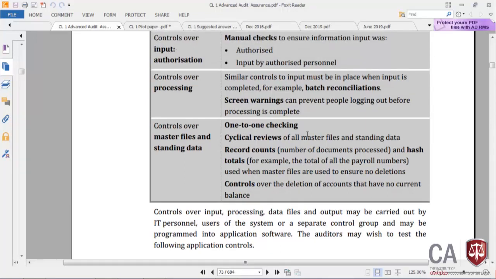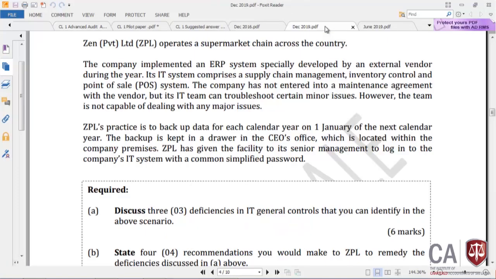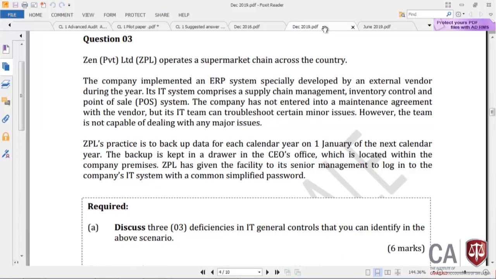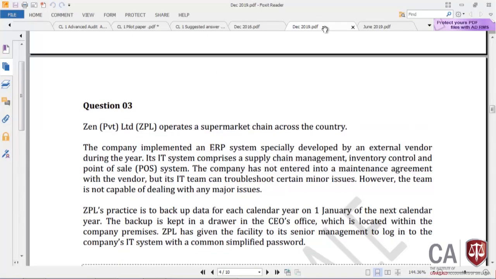So we will quickly look at this paper, December 2019, question number 3. It's KB4, December 2019, question number 3. What you can do is quickly write this question before watching the video and then come and see the answer.